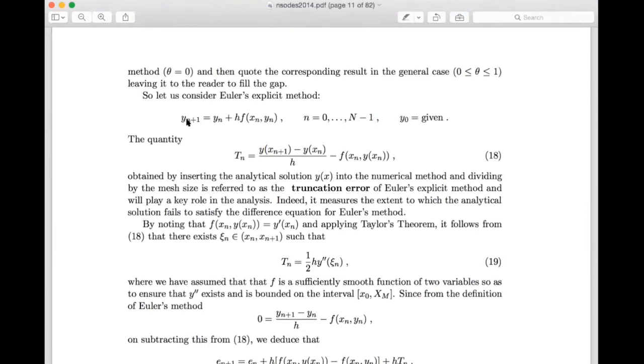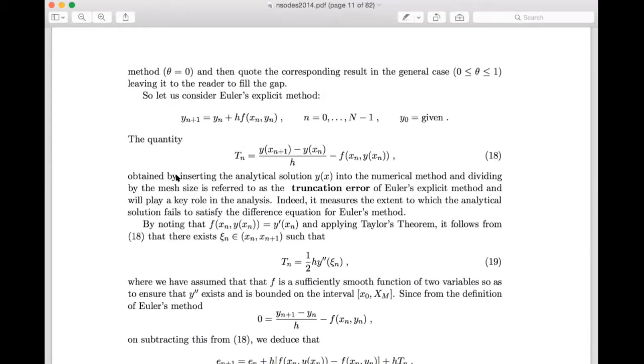Am I right? When we replace the computed solution by the exact solution, then this equality will become an inequality. And the difference between the two sides will become non-zero. That non-zero quantity is known as the truncation error.